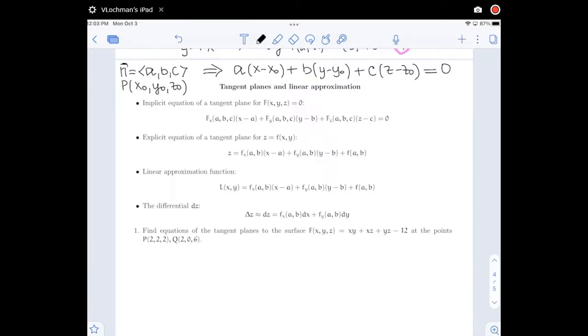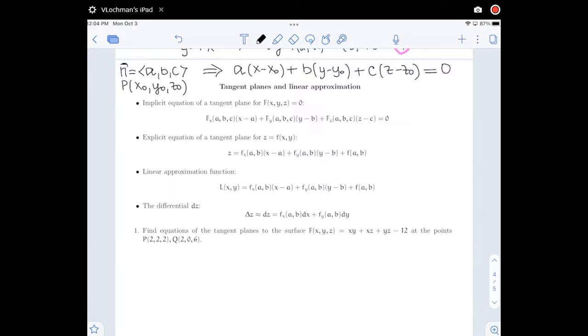But if we're only interested in a small portion of the domain, and it has to do with things like resources and time and things that you have limitations of, right? So we don't really necessarily need to look at the big picture. We only want to look at a small portion of the surface. Then we can approximate a surface with a plane, and we can do that with pretty high precision.